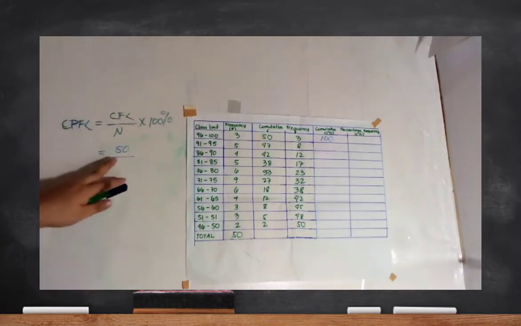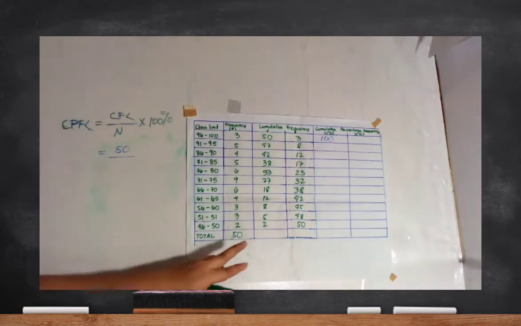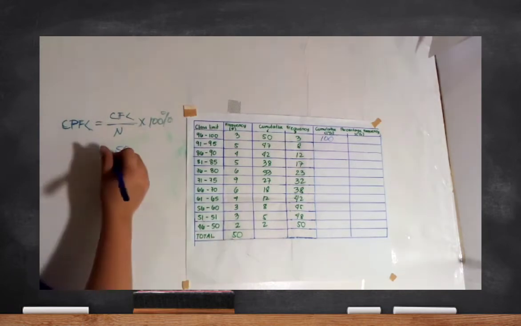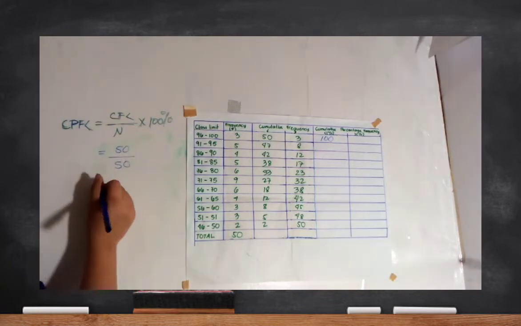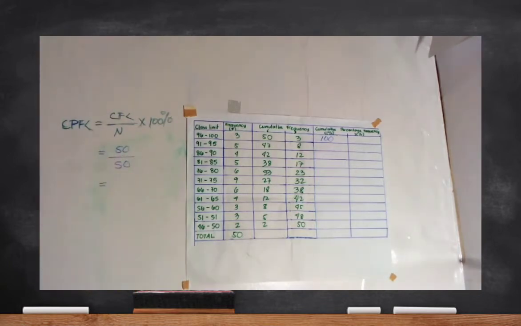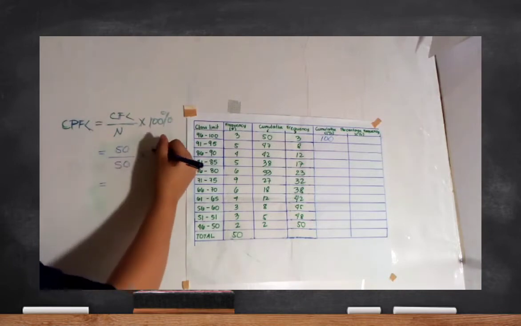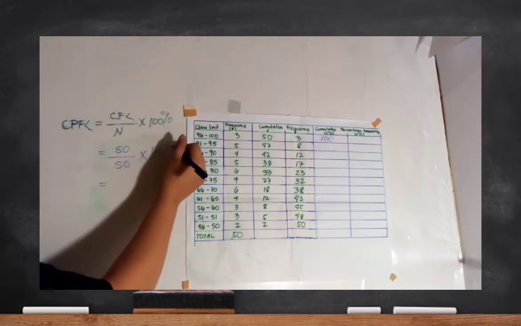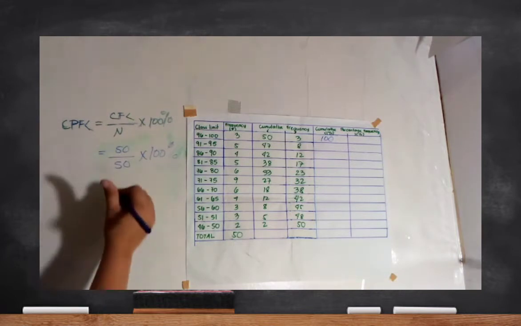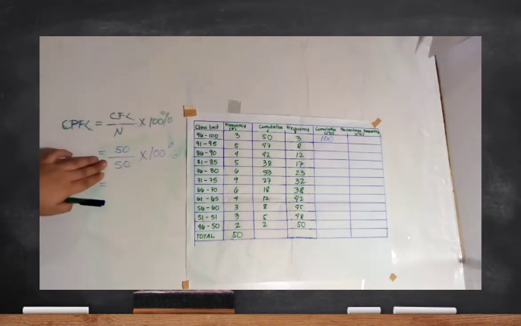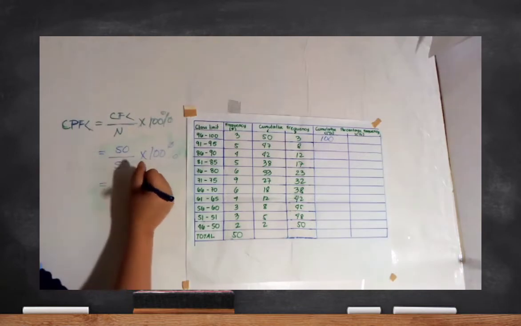In the total number of cases, we have 50. So to find the answer, we will divide the 50 by the number of cases. So we have 50 divided by 50 is equal to 1.